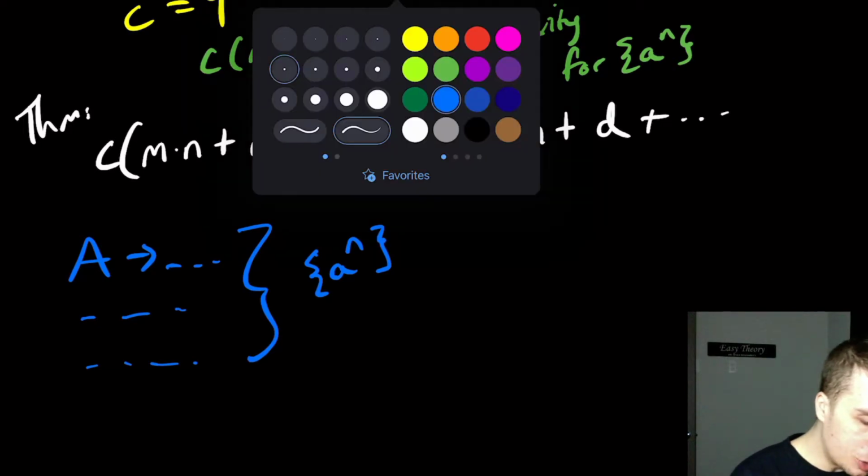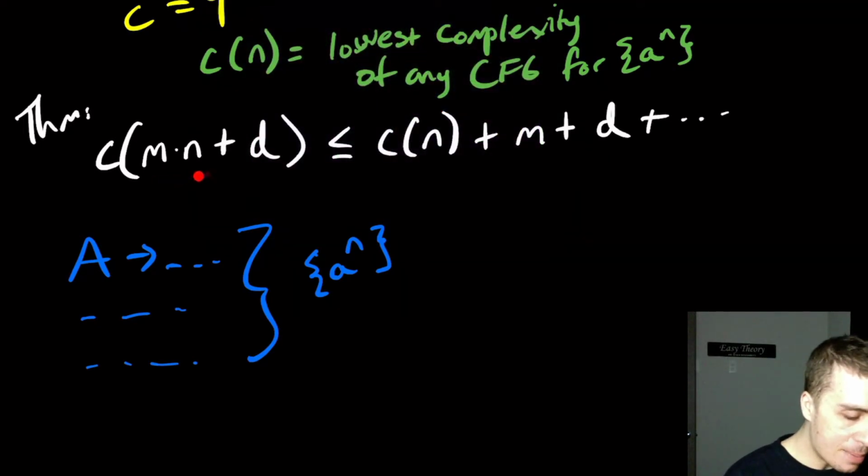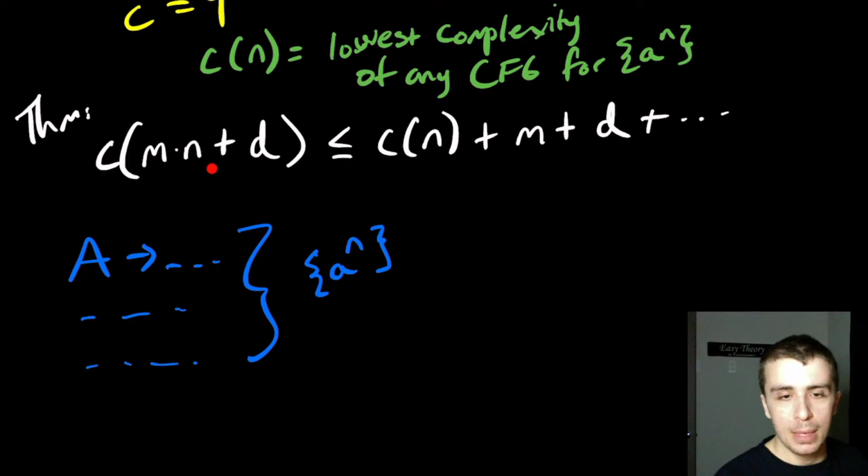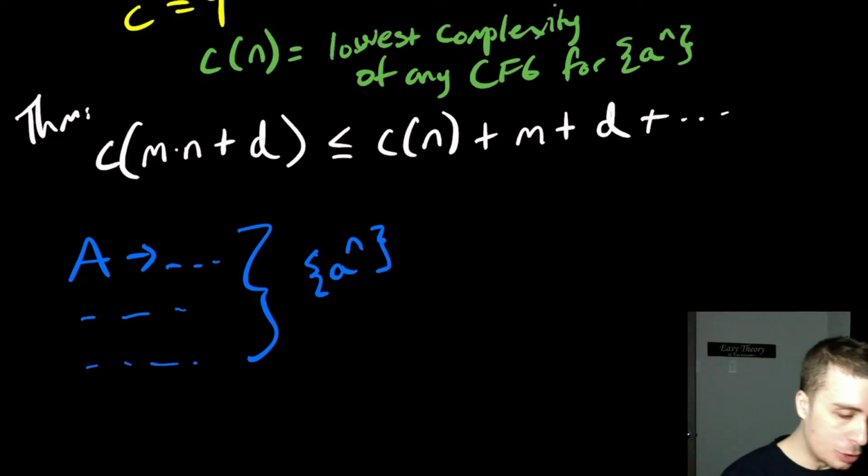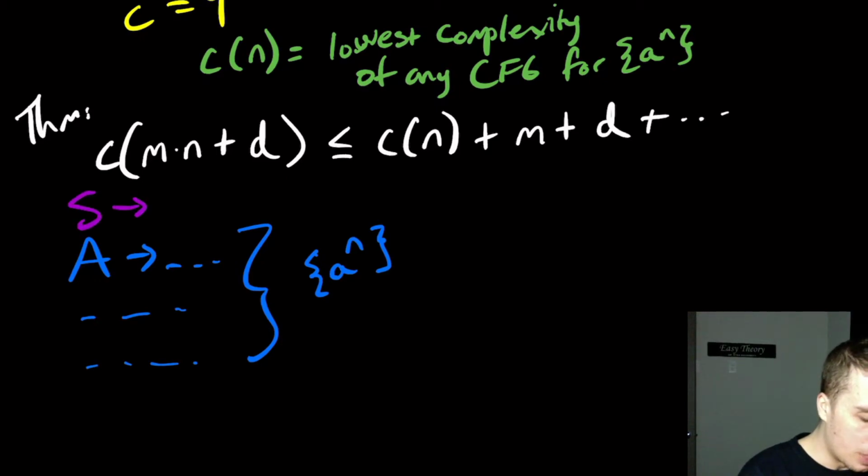So what we can do to get m times n plus d is the following. We have the new start variable make d occurrences of the little a. So there are d occurrences right here.